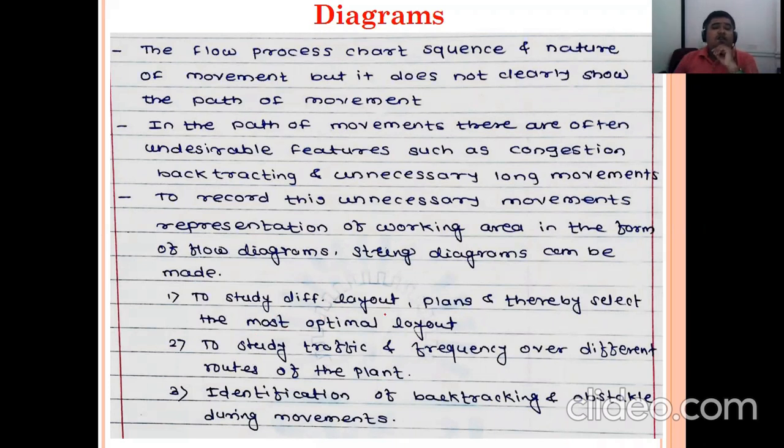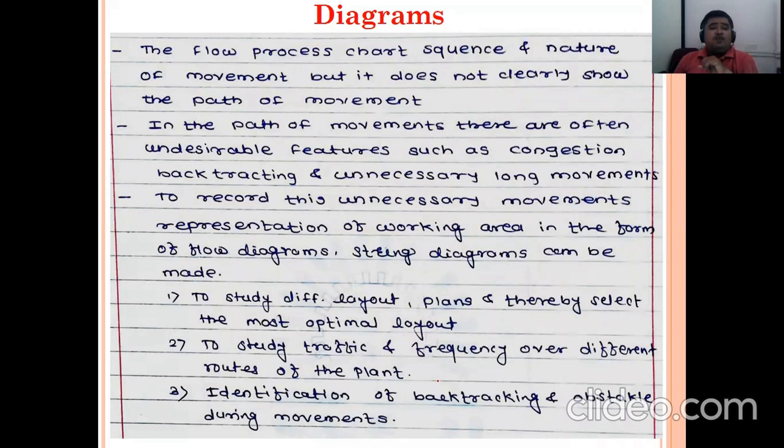They are also used to study the different layout plans and thereby select the most optimal layout. First we prepare the layout of the industry that is already there, and then we draw these diagrams.